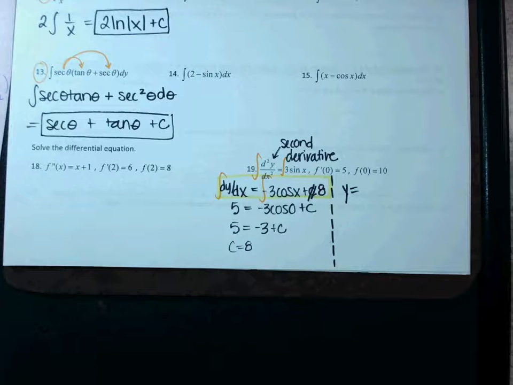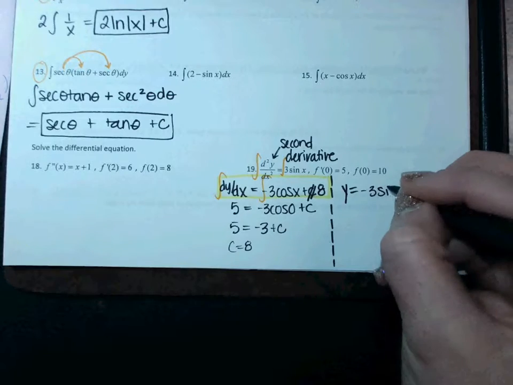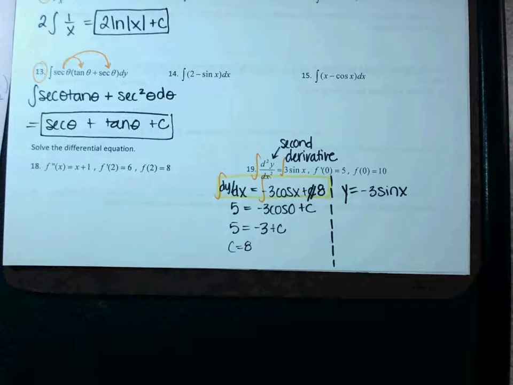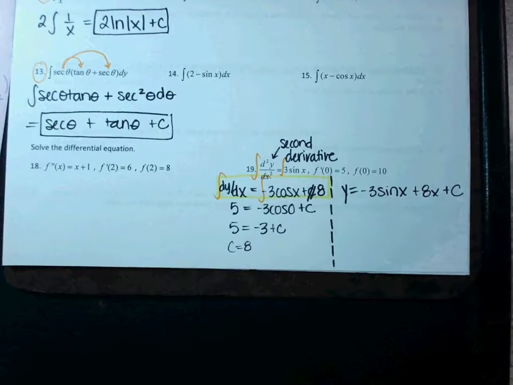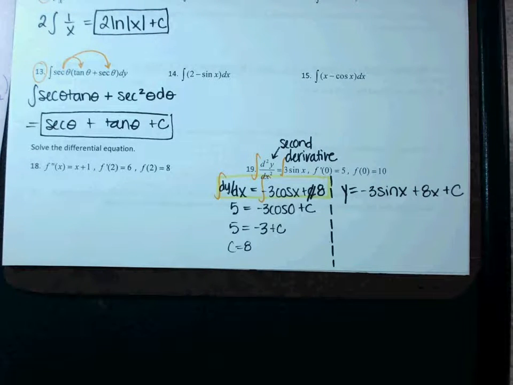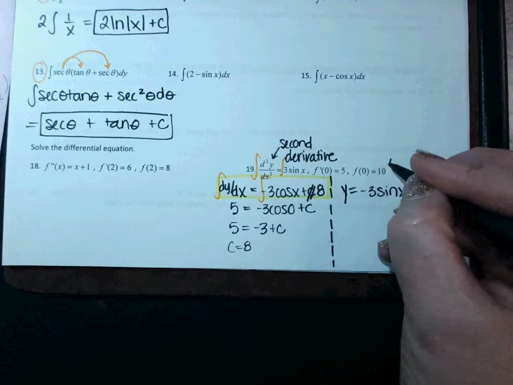And then the integral of negative 3 cosine. Think snow cone. Negative 3 sine. What's the integral of 8? 8x plus c. And then from there, what do we know? F of 0 is 10.